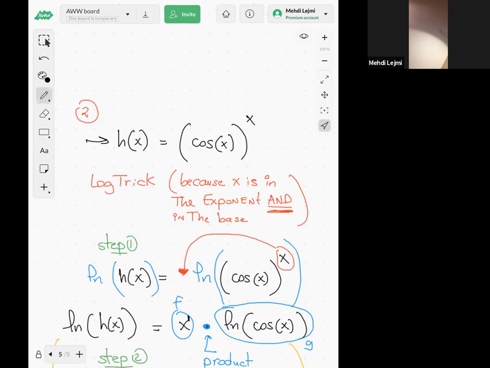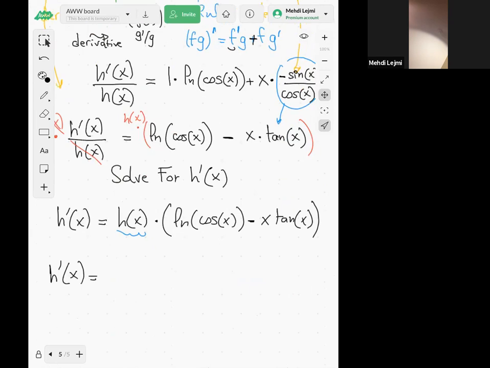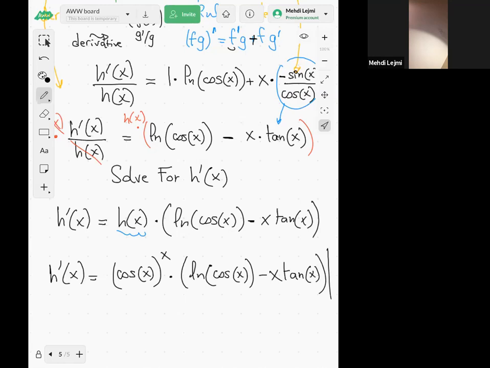So that's cosine of x to the power x times natural log of cosine of x minus x tangent of x. Right, and so that's a fine answer, of course.